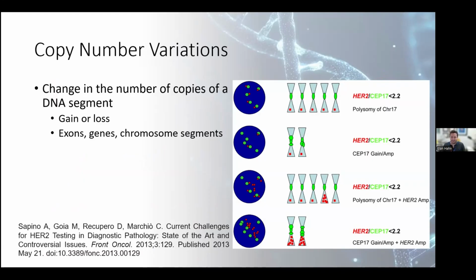We can look for this by FISH, which Dr. Fisher talked about, and also by next generation sequencing or microarray, different techniques where we can see how much of a certain region of DNA there is.